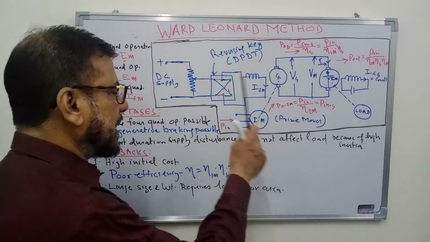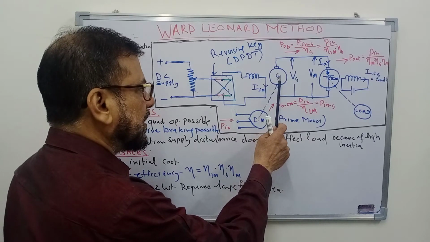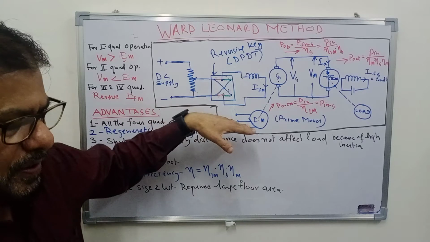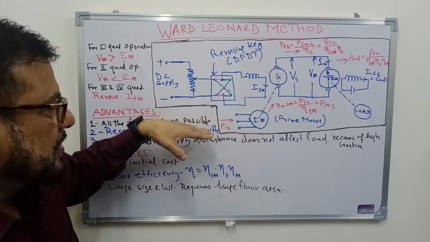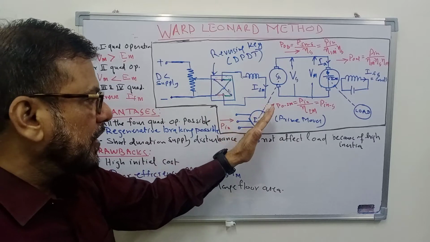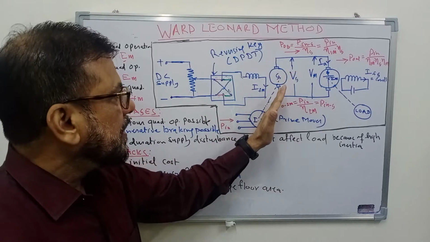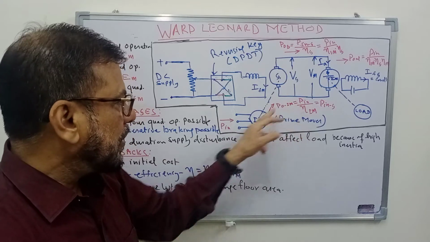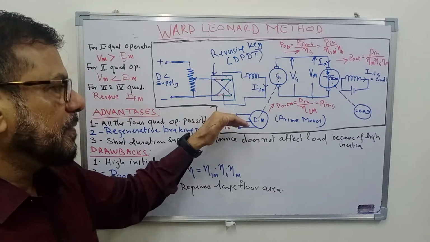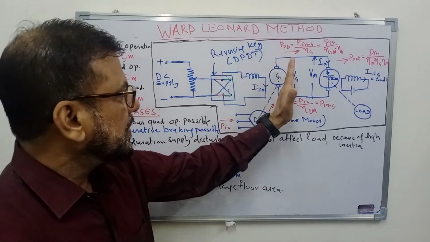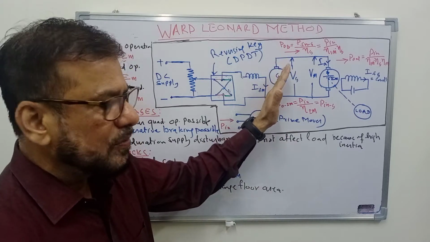And the power flows through this three-phase supply, which is given to the induction motor, and the output power of this induction motor goes to the DC generator. This is actually the input power from the three-phase supply multiplied by the efficiency of this induction motor. So this is the input power of this generator also.